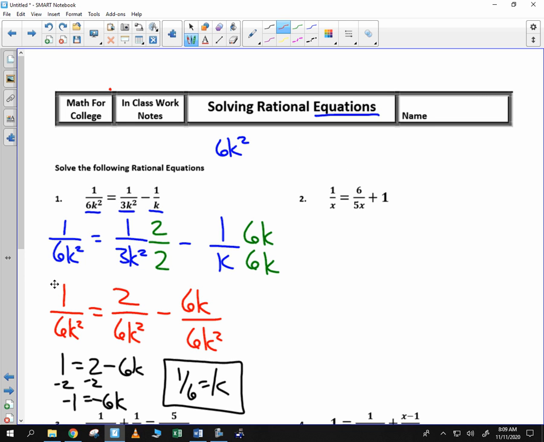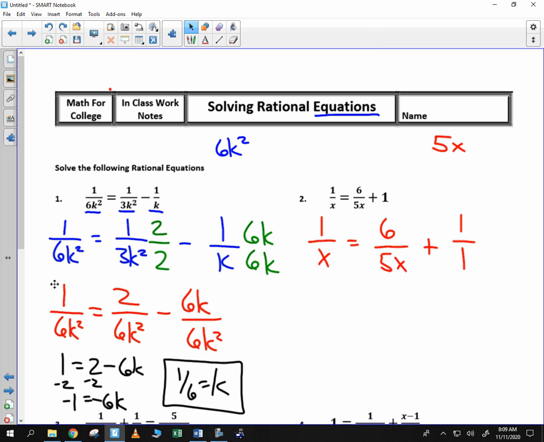Look at number 2. These multiply to 5x. So if you have 1 over x is equal to 6 over 5x plus 1 over 1, what we would like to do is create a 5x in the denominator. So I'm going to multiply the top and bottom by 5, and I'm going to multiply top and bottom by 5x.